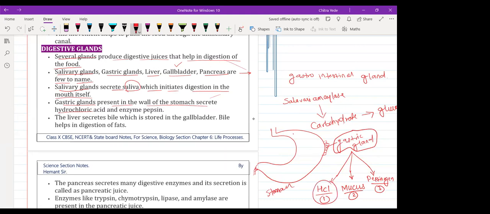One is called hydrochloric acid, another is called mucus, and the next one is called pepsinogen, which is nothing but an enzyme. Mucus generally forms a thin layer on the inner side wall of the stomach like this. Then HCl is secreted here. That HCl activates the pepsinogen into pepsin and helps in digestion of protein.